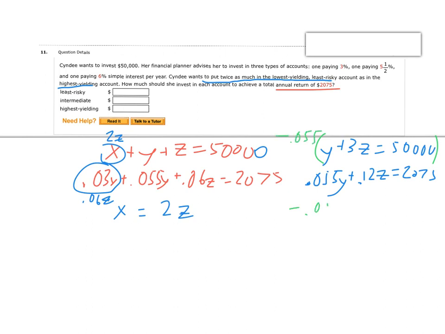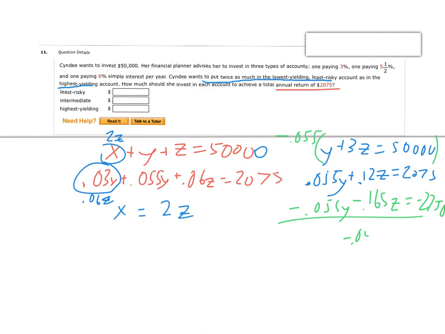So that'll be negative 0.055y, and then I'll need my calculator for this. 3 times 0.055, and that'll give me minus 0.165z, and then 50,000 times 0.055 is going to give me negative 2750. So now I'll add these together. My y's cancel. I get negative 0.04... Oh, no, it's not. Or is it? Let me use my calculator just in case.